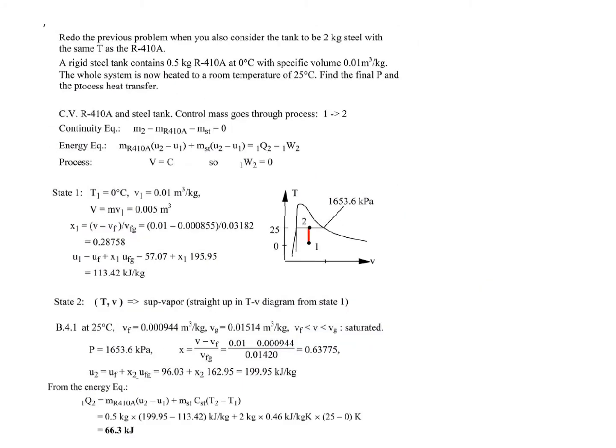Next, for the previous problem that we have solved, consider a 2 kg steel tank with the same temperatures as in the last slide. The rigid steel tank contains 0.5 kg of refrigerant at 0 degrees, and it has been converted to the next state of 25 degrees centigrade.